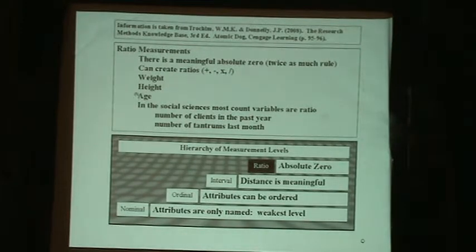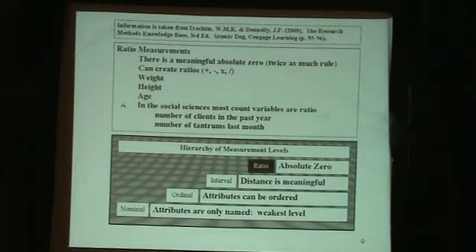So let's take weight or height or age. These are all ratio data because there is such a thing as no weight. So we can say that something that weighs 100 pounds is twice as heavy as something that weighs 50 pounds. Or we can say that someone who is 6 feet tall is twice as tall as someone who is 3 feet tall. Or we can say someone who is 30 is twice as old as someone who is 15. So ratio data, the most powerful form of data.